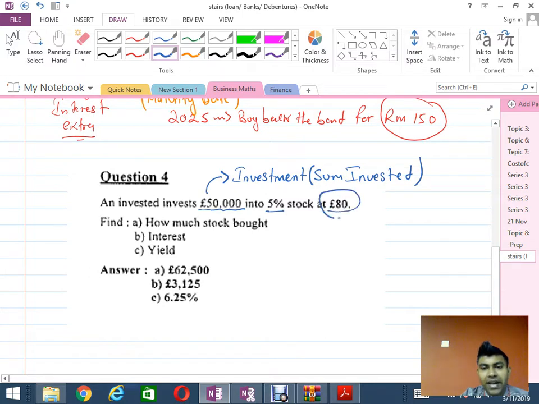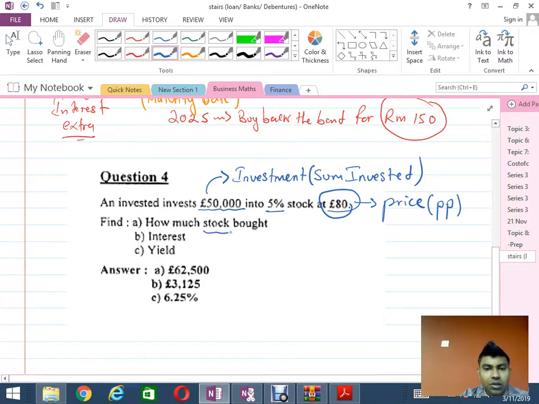Now, what is this 80 here, class? This is the price. In other words, the purchase price. Now, what's the requirement here?